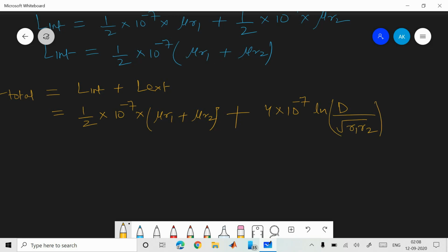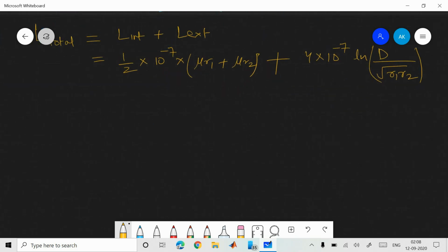Okay. So now we will write for non-magnetic material, mu r1 equals 1 and mu r2 equals 1.